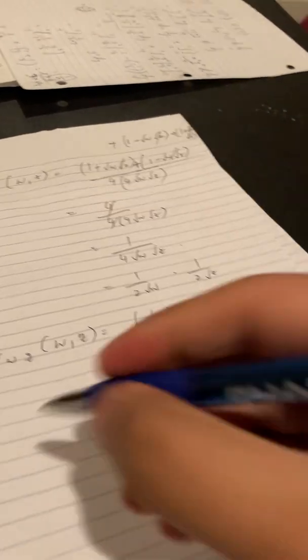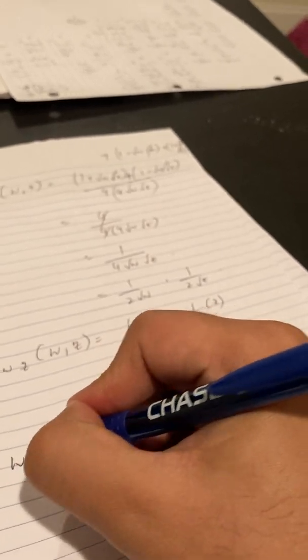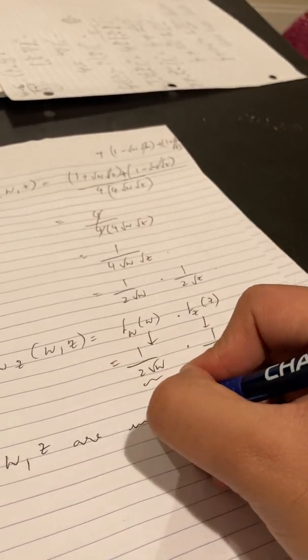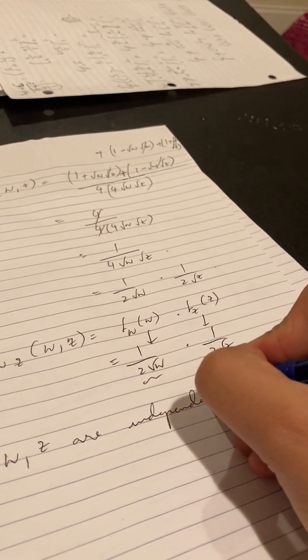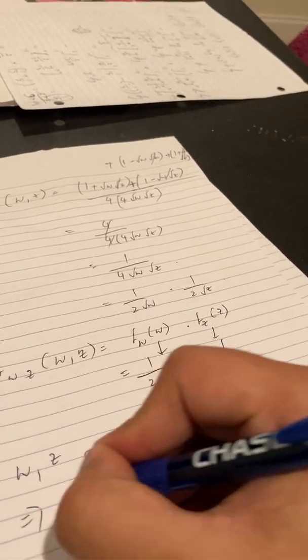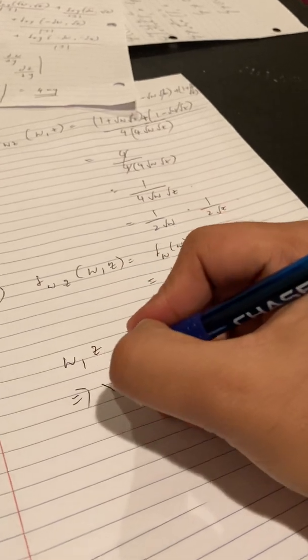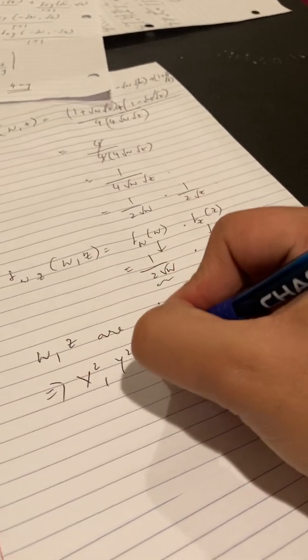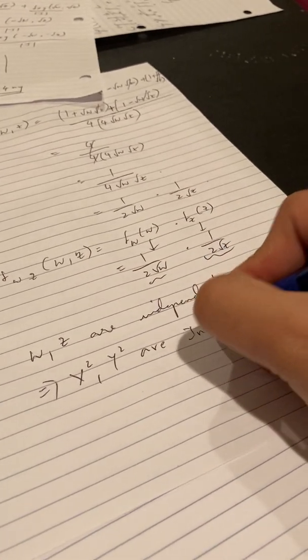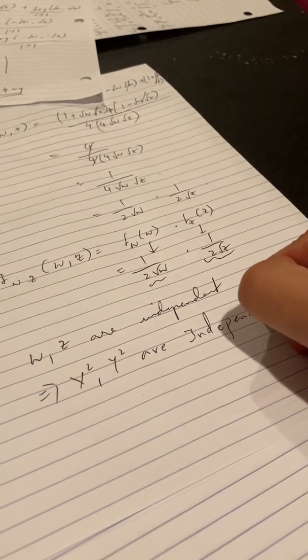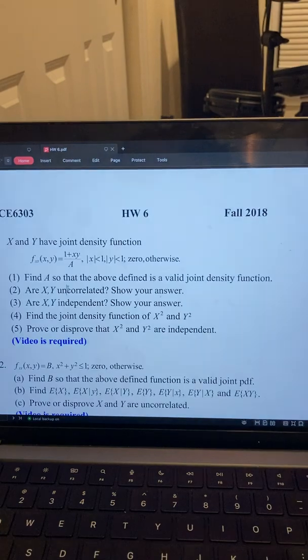So this means that w comma z are independent. That implies that x square and y square are also independent. So hence, in this way I've calculated the question number 1.